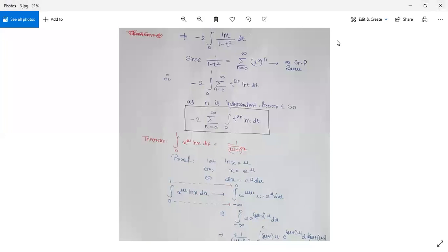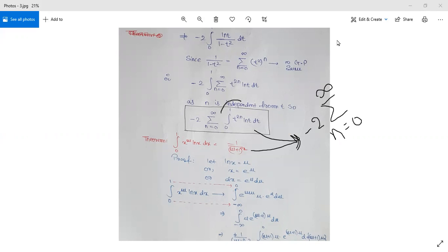Now we can proceed further. As we have proved this theorem, we can now change this integration using this. Now we can convert it to minus of 2, summation n is equal to 0 to infinity.